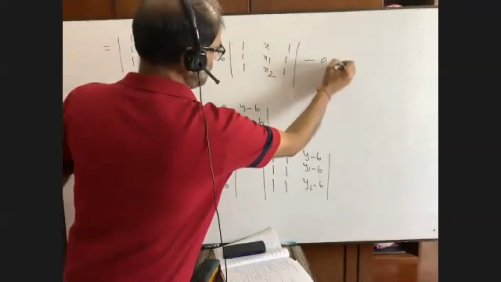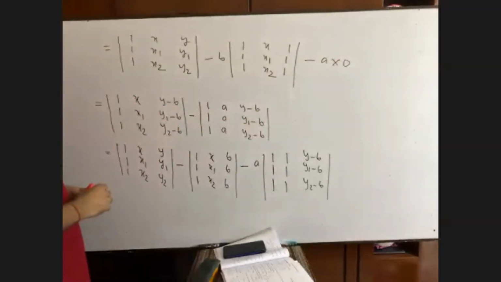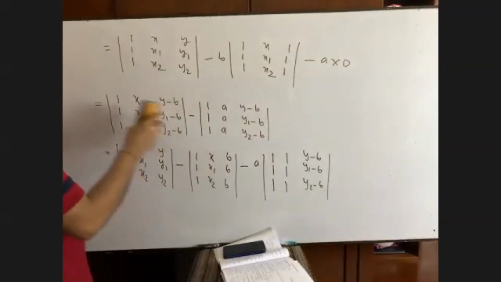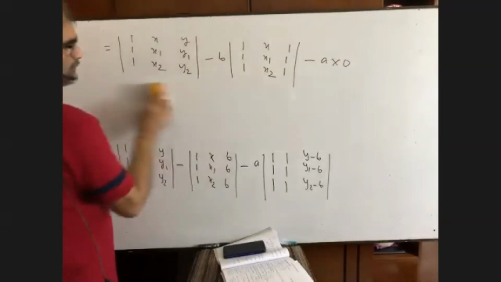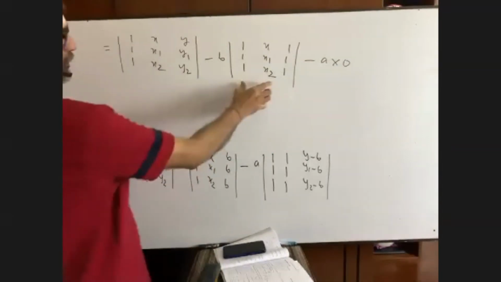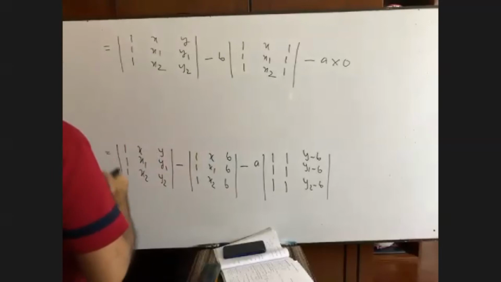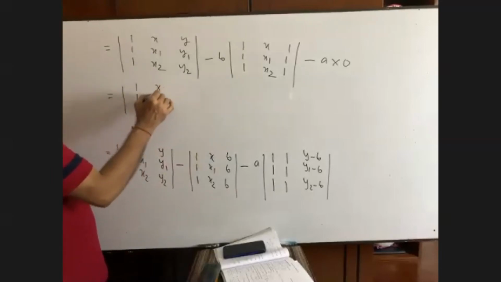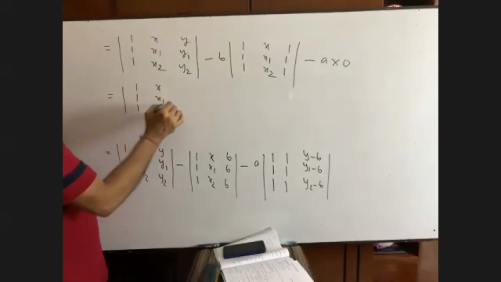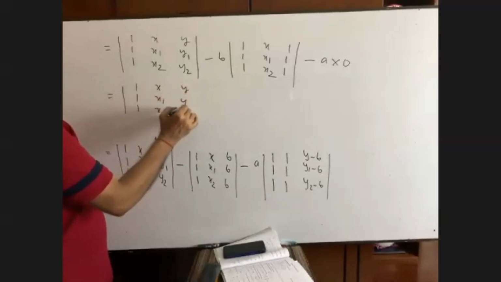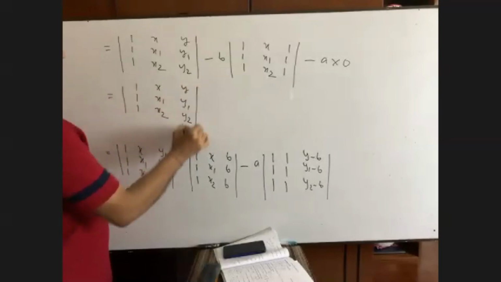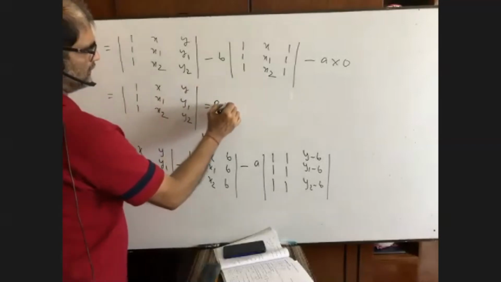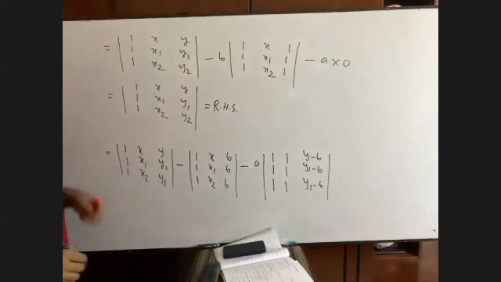That is a into 0, having 2 columns equal, right? Now you see this is also 0. So we are left with 1, 1, 1, x, x1, x2, y, y1, y2, which is equal to our required right hand side.